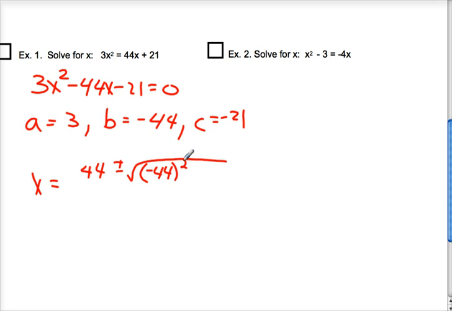Bottom line is, when you square it, you should end up with a positive. If you don't put the square outside, or if you put the negative outside, you won't end up with a positive after you square it. So we've got that, minus 4 times 3 times negative 21. Then put that all over 2 times 3. So that's your setup. That's what I want to see.